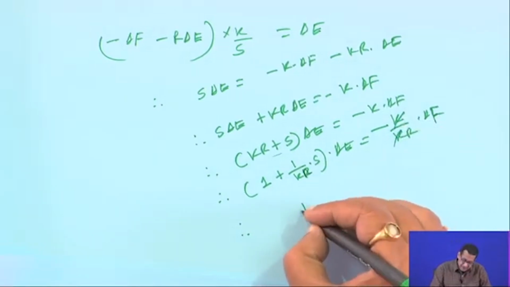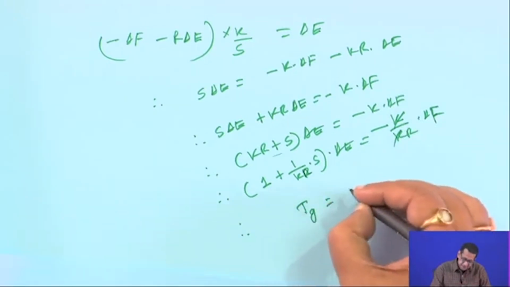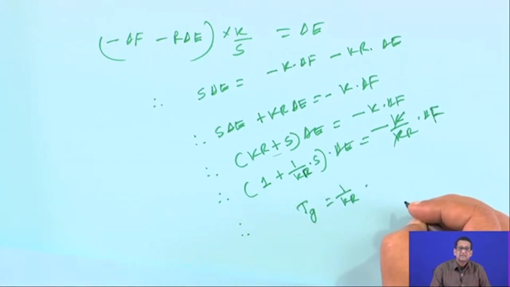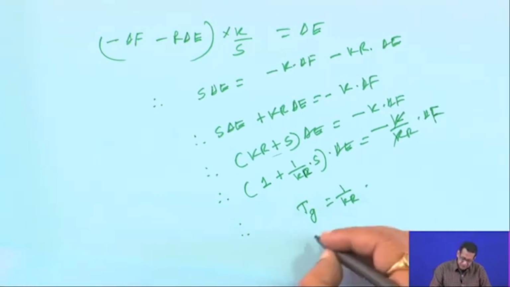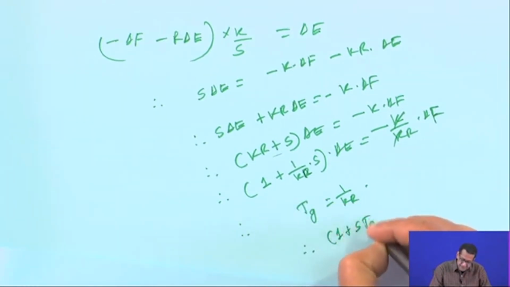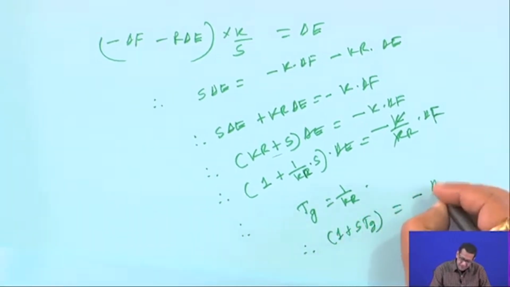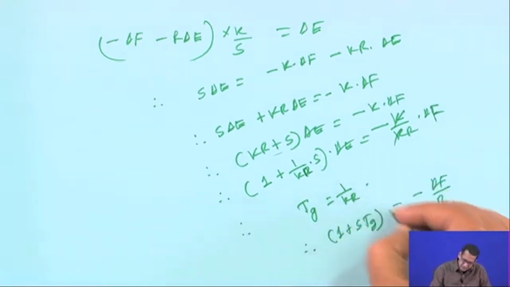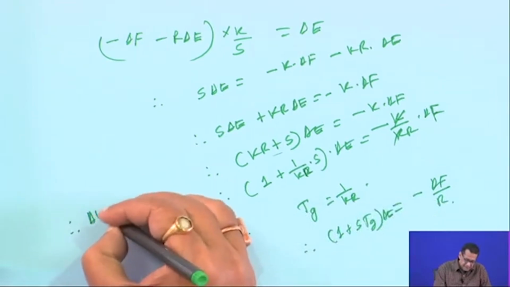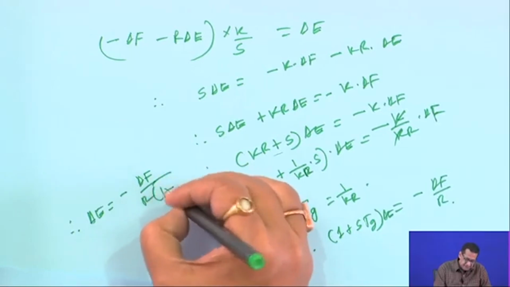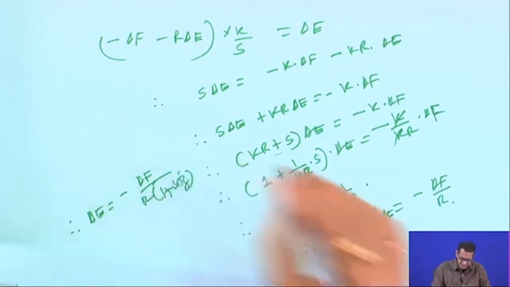Therefore, define T G is equal to 1 upon K R. You define T G, right. So, that means you can write 1 plus S T G is equal to minus delta F upon R. The delta E I have missed here. Therefore, delta E is equal to minus delta F upon R into 1 plus S T G, right.